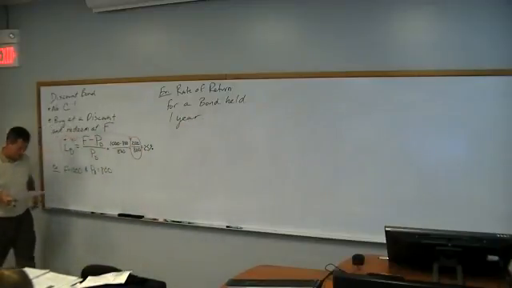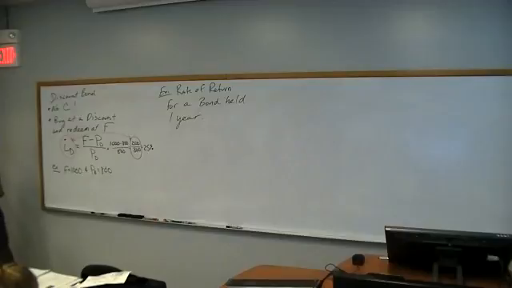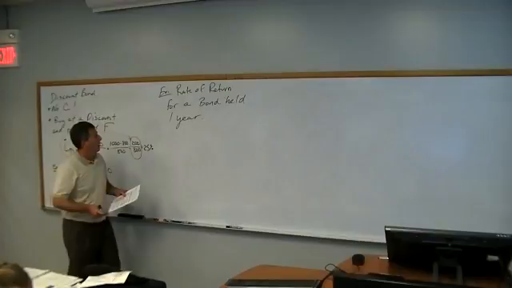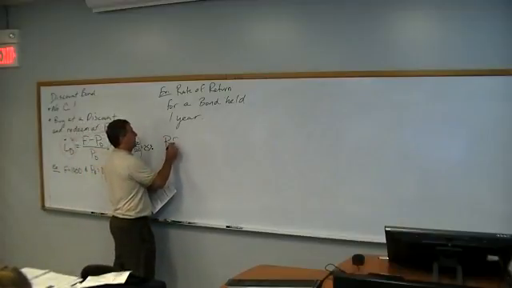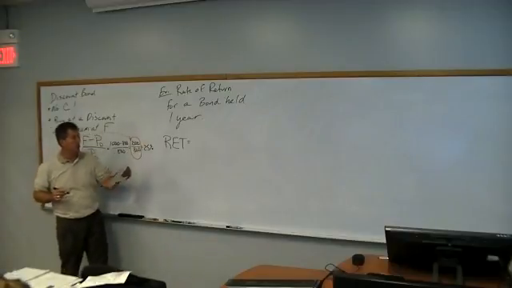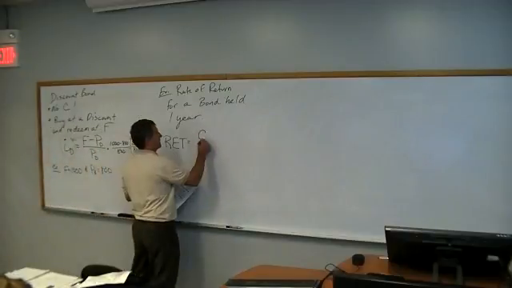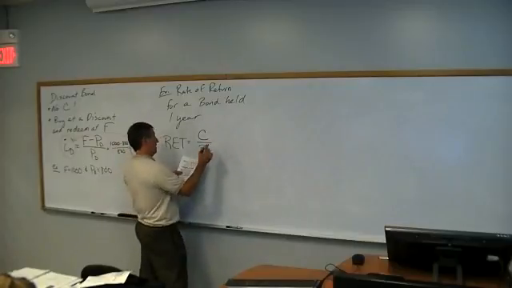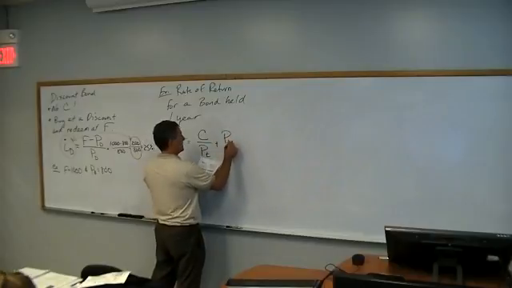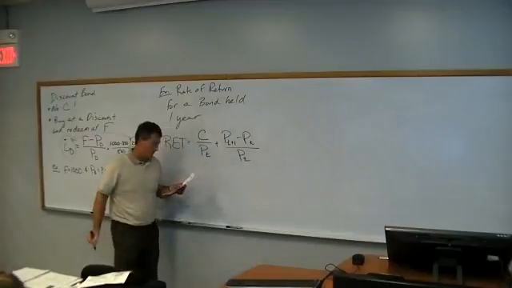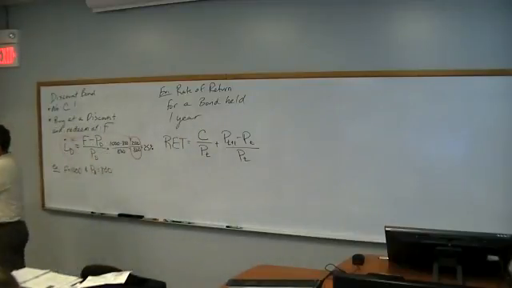This is a regular bond. So the rate of return, just using the textbook language here, the rate of return is equal to C over PT plus PT plus 1 minus PT over PT. Write that all down, and then I want you guys to tell me what the heck that means.